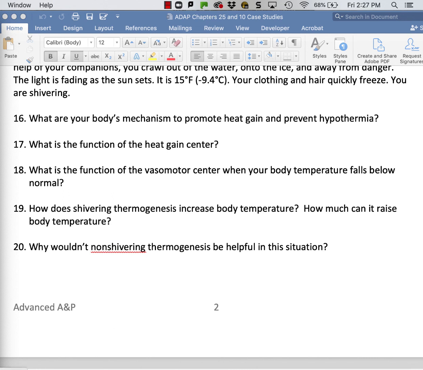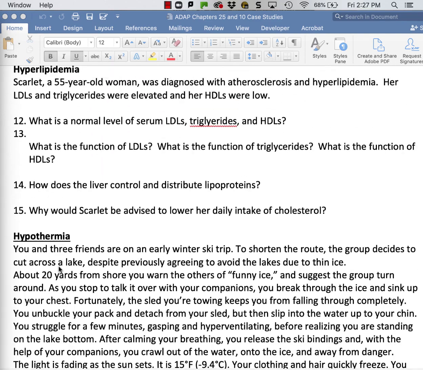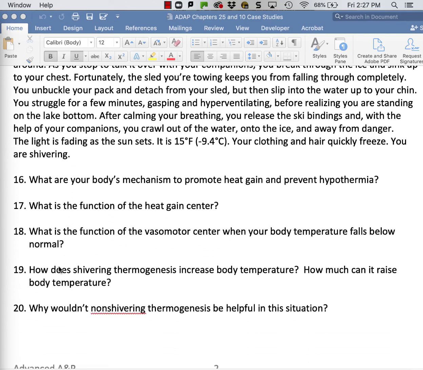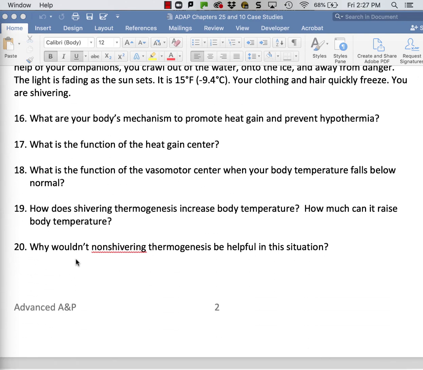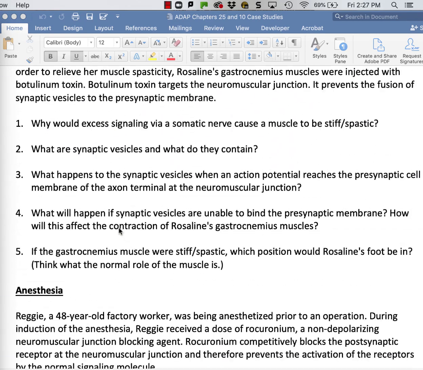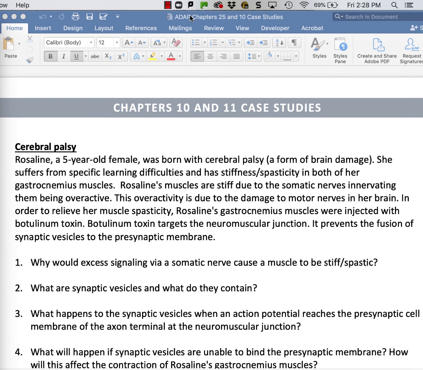And in this case, you need to increase your body temperature rather rapidly and don't have time to develop that heat, because non-shivering thermogenesis takes days or weeks for those hormones to increase heat production. All right, then this ends our case studies for chapters 25 and 10.